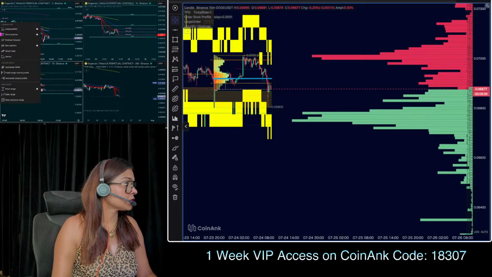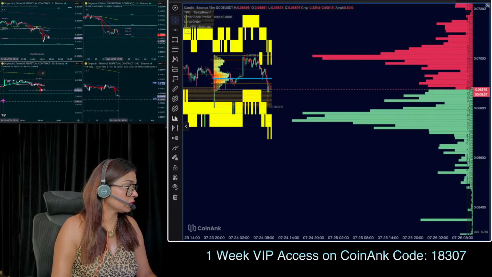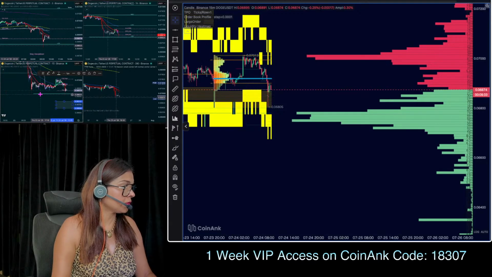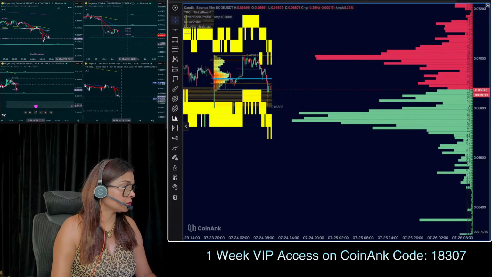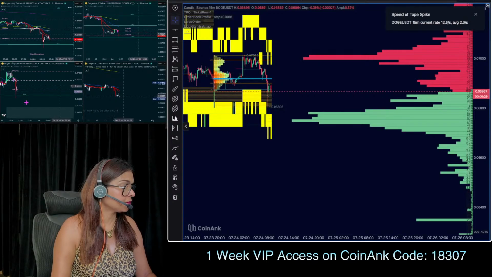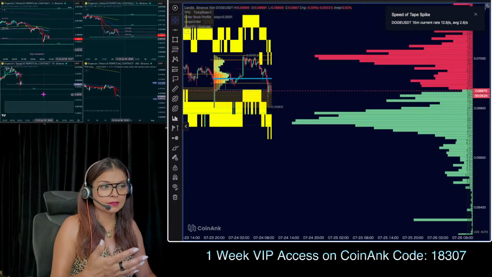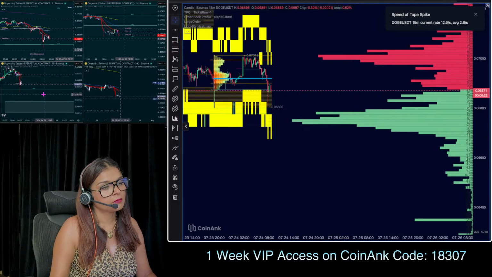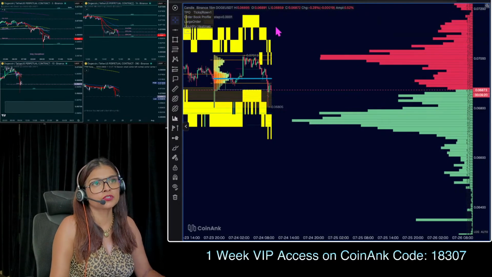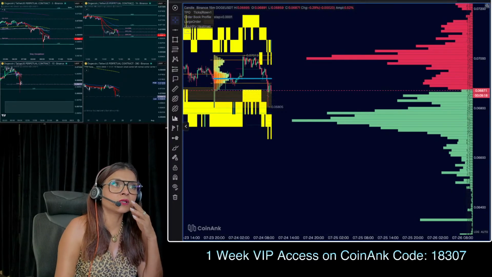So I'm just going to draw a little rectangle here. That would be my interest zone for Doge. Obviously, I'd like to see what price is doing at that area before I enter. A market structure break or something like that is what I would like to see.